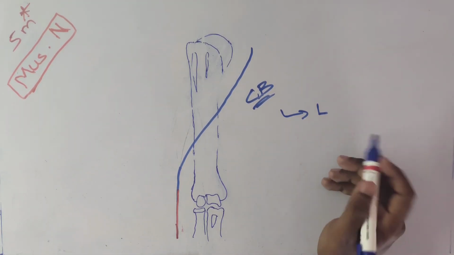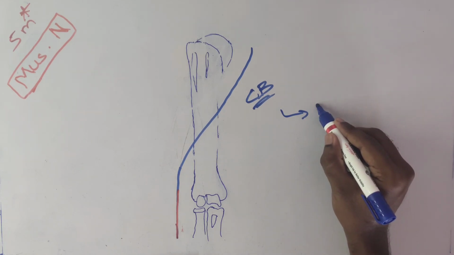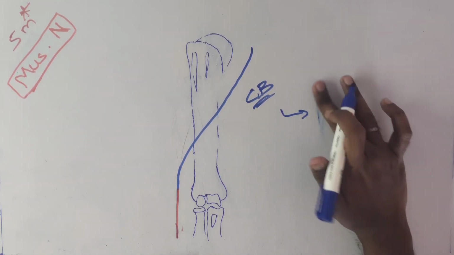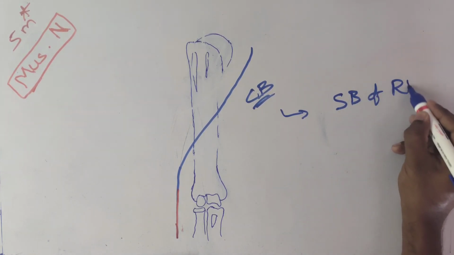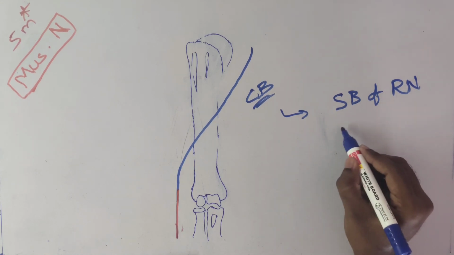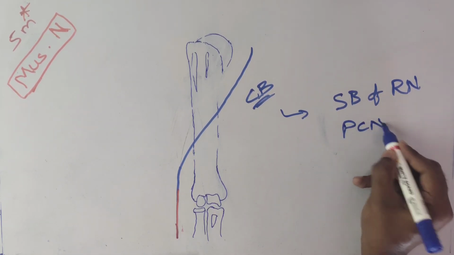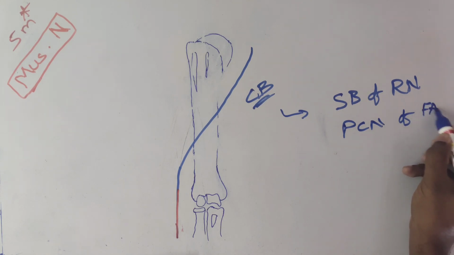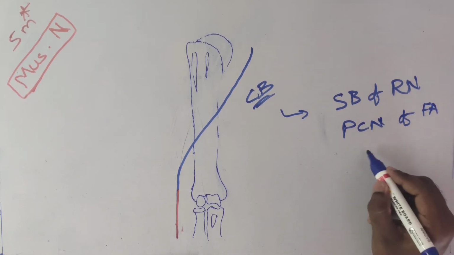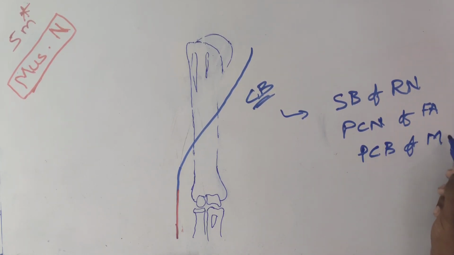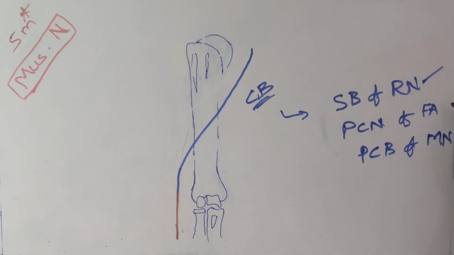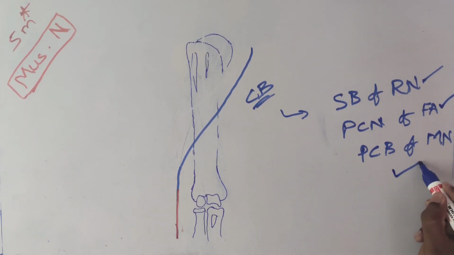The neighboring nerves are the superficial branch of the radial nerve, next the posterior cutaneous nerve of the forearm, and at last the palmar cutaneous branch of the median nerve. So I repeat again: the superficial branch of radial nerve, posterior cutaneous nerve of forearm, and palmar cutaneous nerve of median nerve.